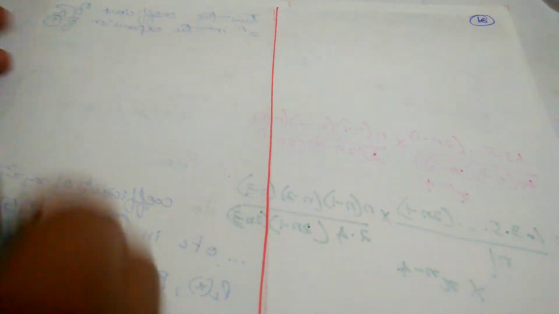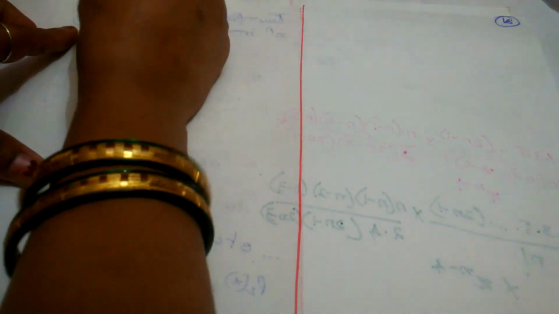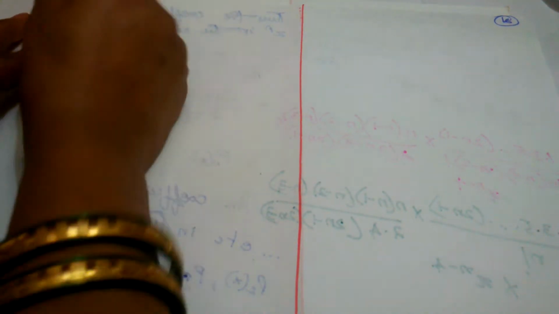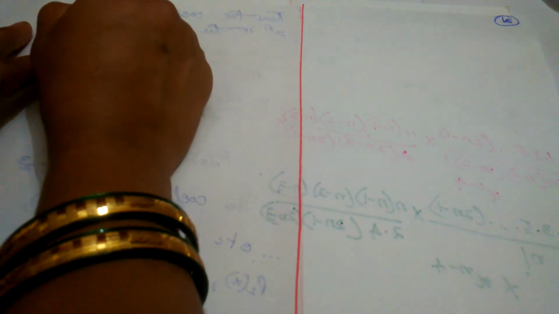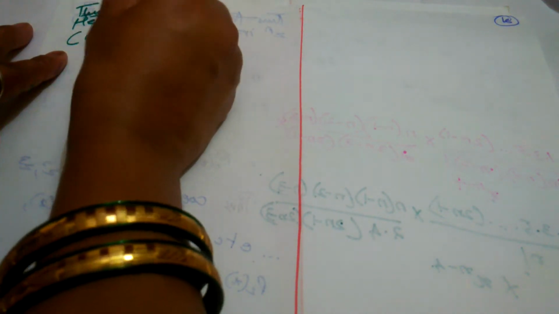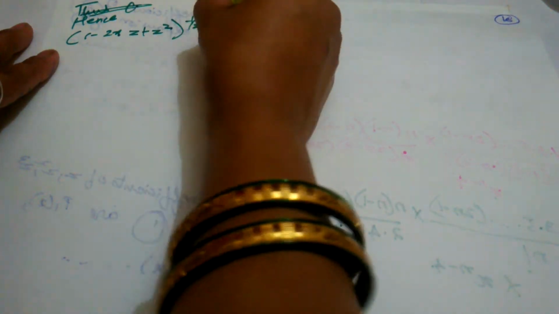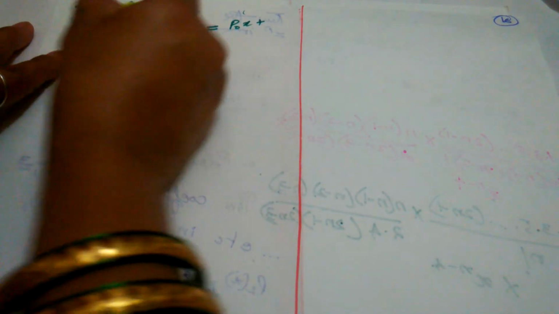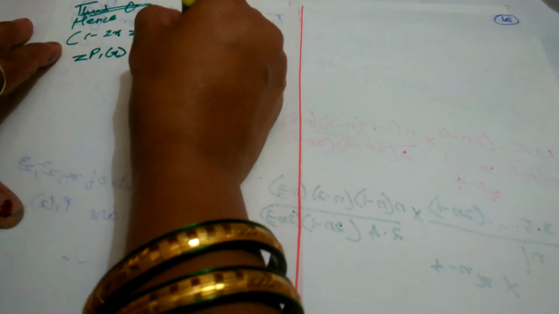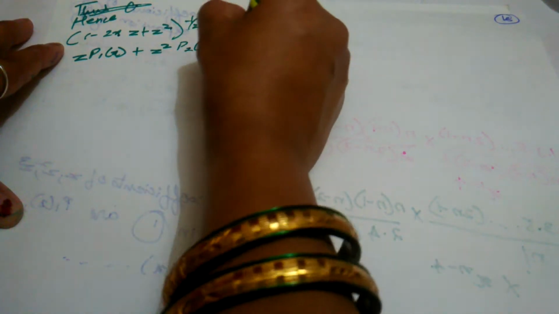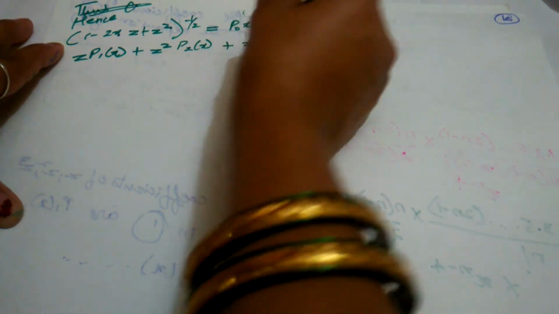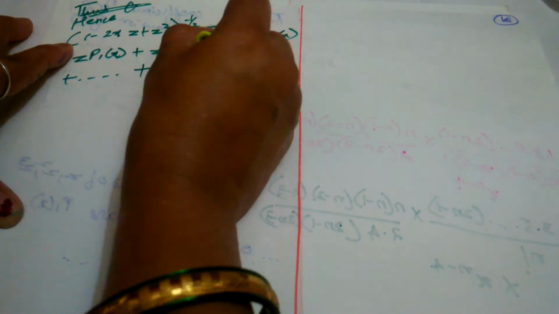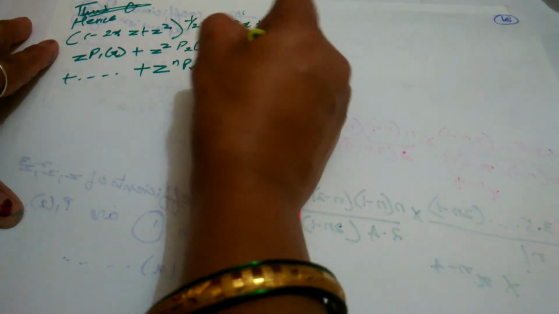So thus we have written, so hence 1 minus 2x z plus z square raised to minus 1 upon 2 is equals to p naught of x plus z of p1 of x plus z square of p2 of x plus z cube of p3 of x dot dot dot dot dot plus zn of pn of x plus dot dot dot dot dot.